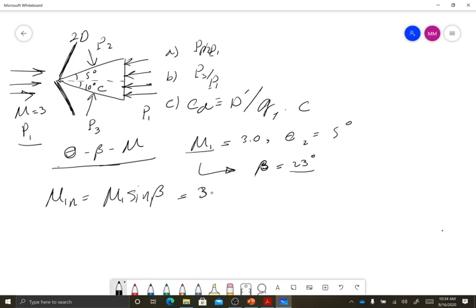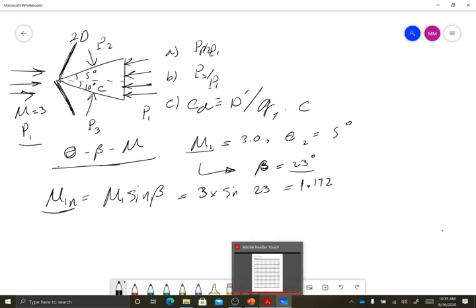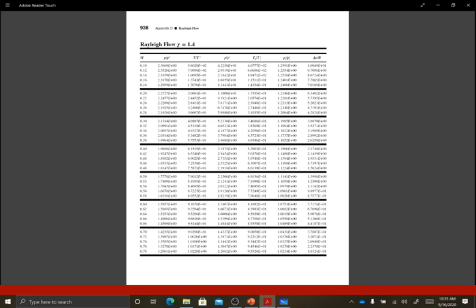So 3 multiplied by sine of 23 degrees is going to be equal to 1.172. This is the normal component of the Mach number upstream of the shock wave. But the idea was we can use the normal shock tables, right?